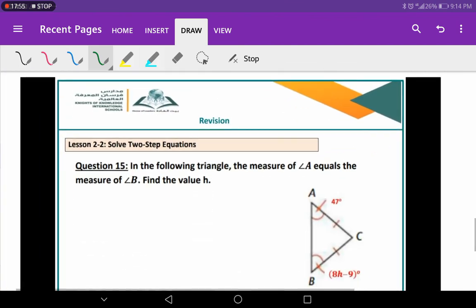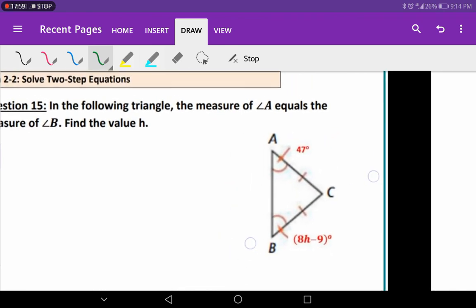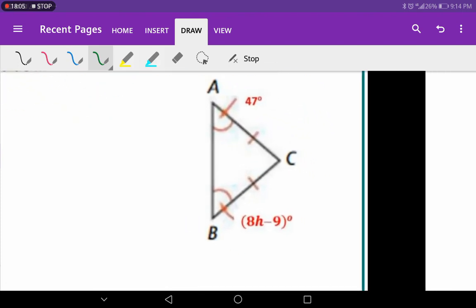What else? This one: he asked me to find the value of h if angle A equals angle B. That means angle A equals 47, as given.